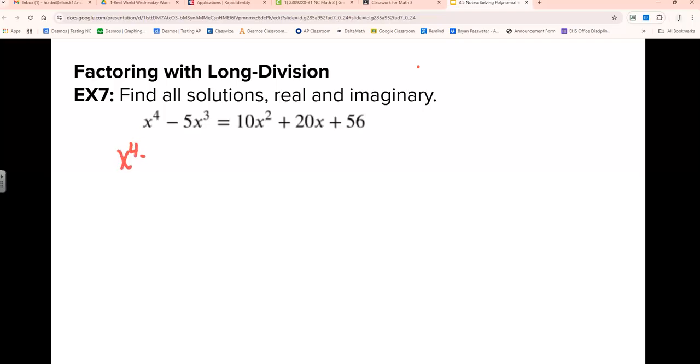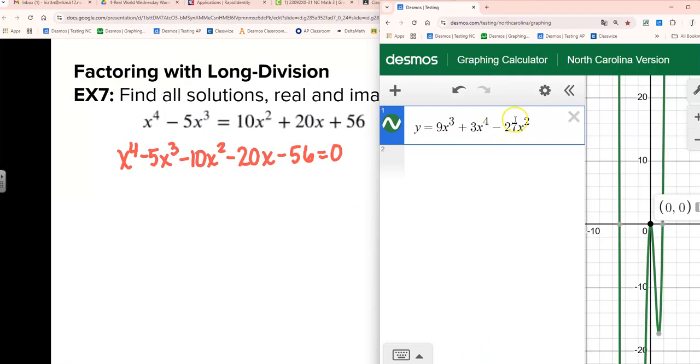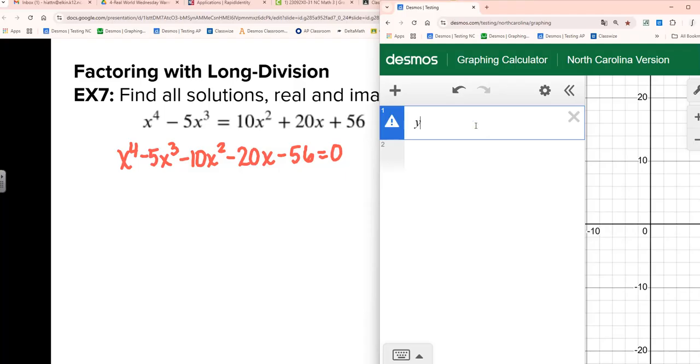That way your x to the fourth is still positive, because it makes it a little bit easier to deal with. So you're going to change the sign of everything when you move it over. So I've got x to the fourth minus 5x to the third minus 10x squared minus 20x minus 56. And I am going to graph it, because I can find real zeros.